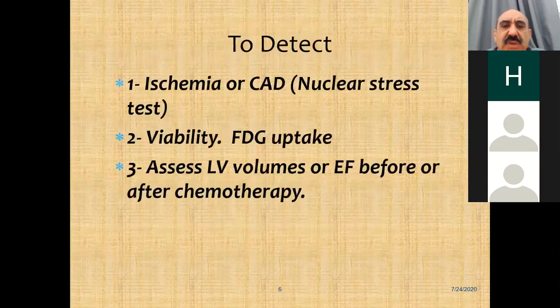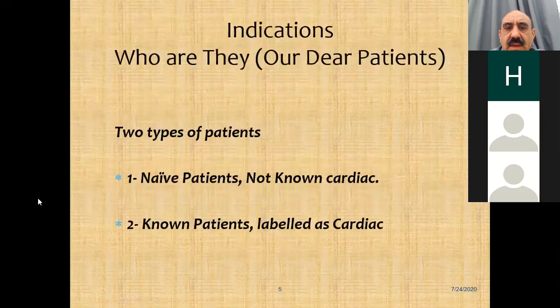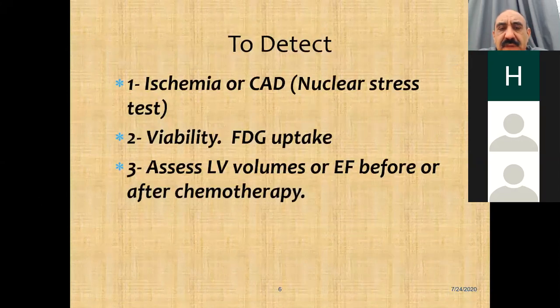What are we actually detecting in nuclear cardiology? We are looking first for ischemia, second for viability, and third to assess LV volumes or ejection fraction before or after chemotherapy.